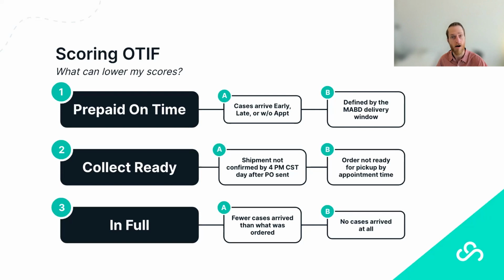And just a call out, we'll talk more about this as well: even if you cancel a PO or cancel a PO line, you're basically telling Walmart, I'm not shipping this product, but Walmart will still fine you for in full charges, even if you tell them you've canceled it. But there's a way to avoid the fine depending on how you cancel. We'll dive into that, but just want to call out that even if you're canceling, which they want you to do, you can still receive this in full fine.